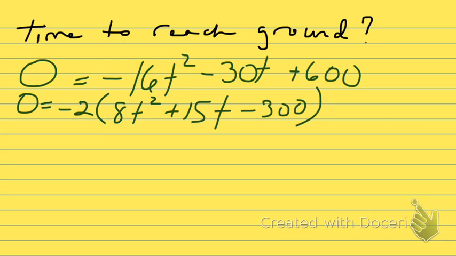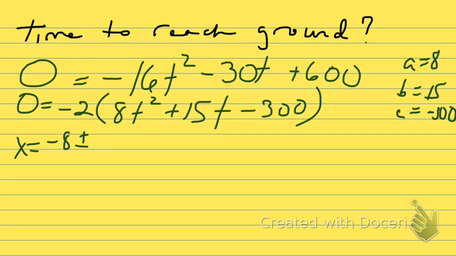We'll plug into that quadratic formula where A is going to be 8, B is 15, and C is negative 300. So that is the opposite of B, plus or minus the square root. Excuse me, that's wrong.